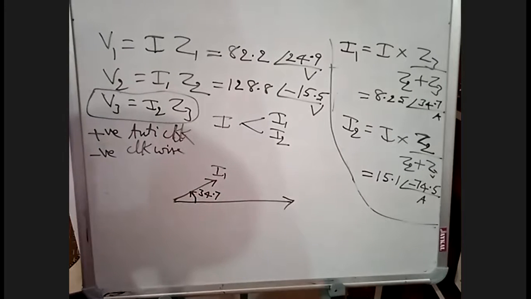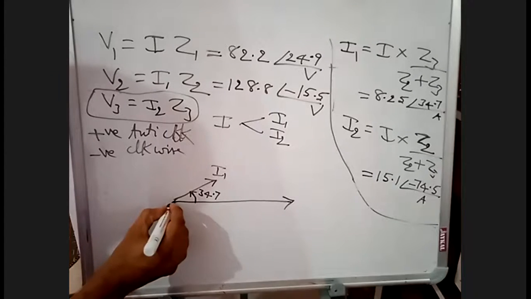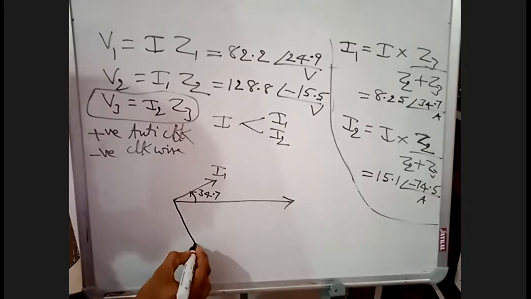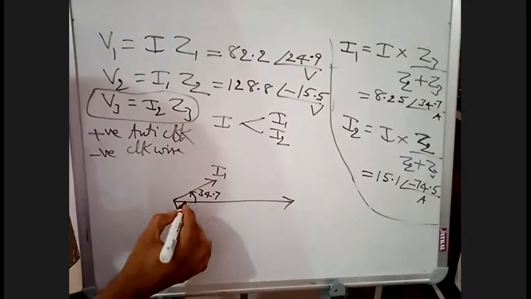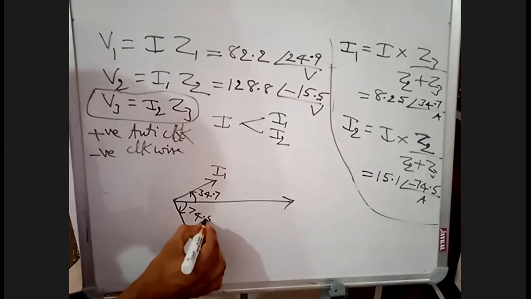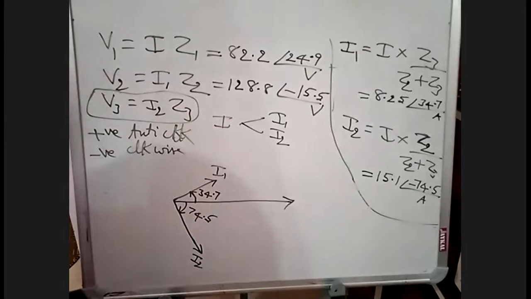Now come to I2. What is the angle? Minus 74.5. Minus means from this reference axis take minus 74.5 in the clockwise direction.